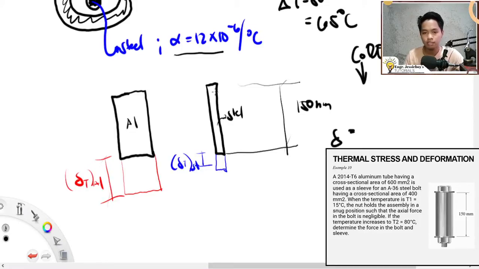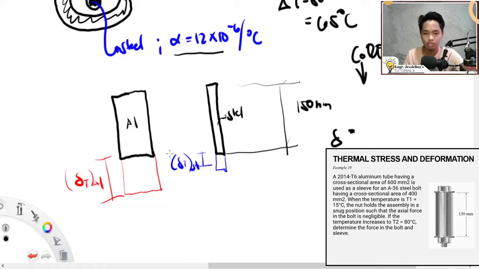Pero since si bolt, kinakasnag position man ni siya, ang expansion ni aluminum is dili ni siya maka full force. Again, naka-constrain ba siya? So therefore, ang iyahang expansion diri is dili na niya makuha tanan.